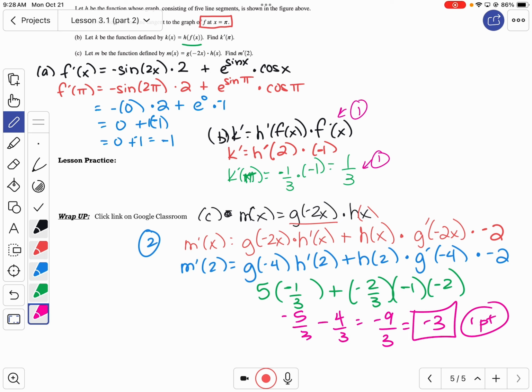So there you go. Your lesson practice today is 2 parts. There's some out of your text, let me go get the page number for that. But there's also this 4 corners worksheet. I put some copies on the back. Do not do the analytical corner because that's the next lesson. But you can do the other 3.